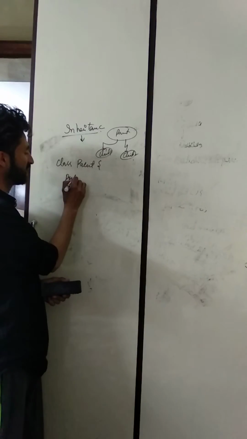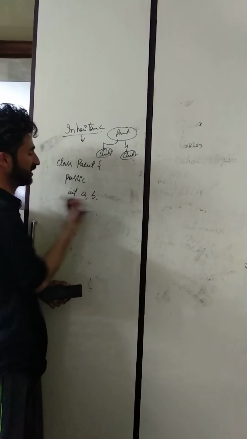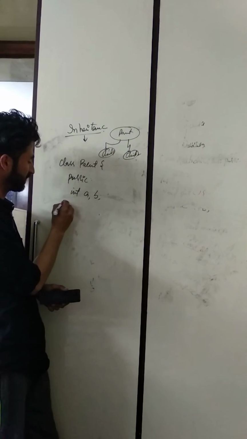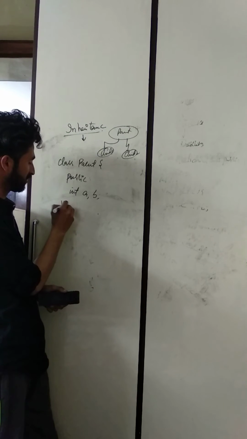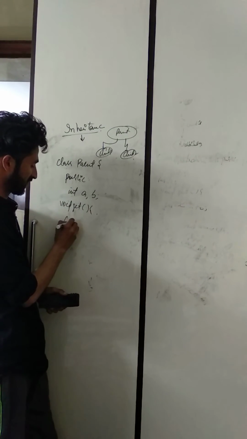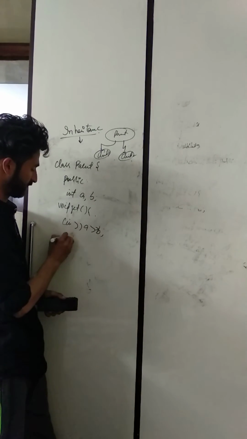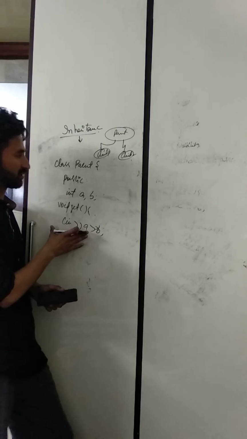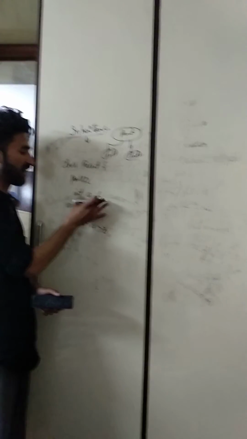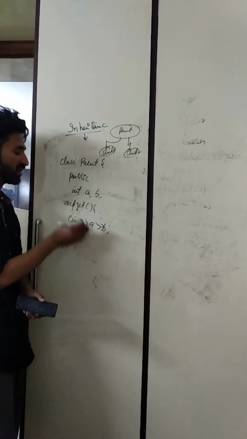I am writing public int a comma b. So I have two data members here. So I am writing void get, cin a and b. We have a parent in which I have assigned two data members a and b, and I am getting the input a and b.